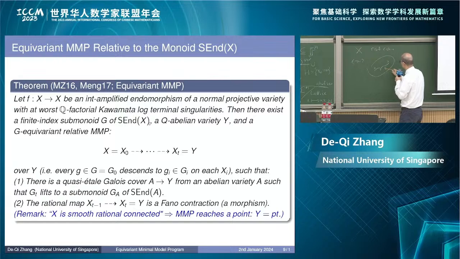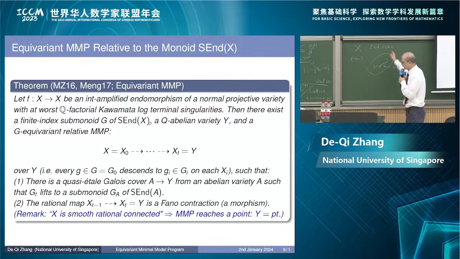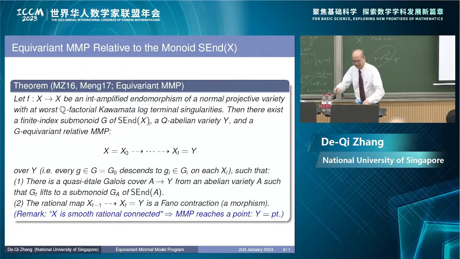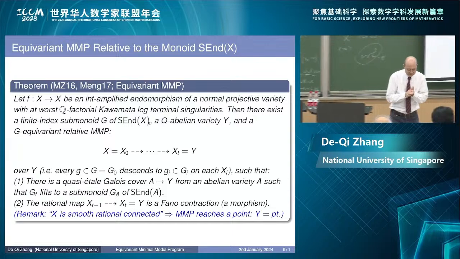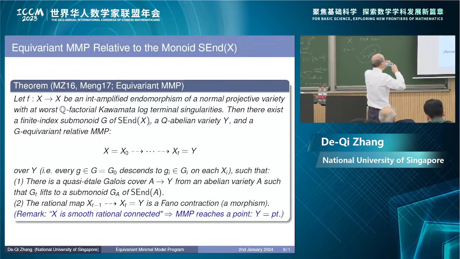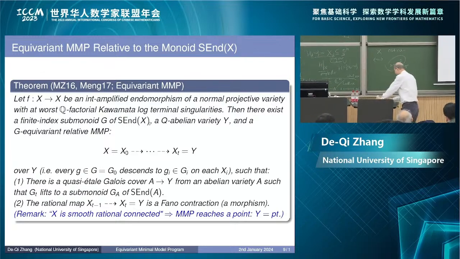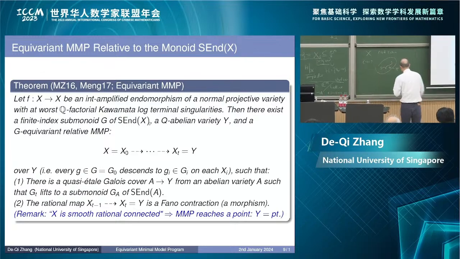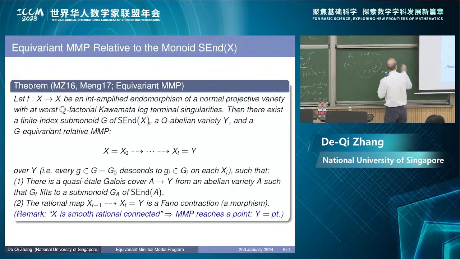So the rational curve might be singular, but it's dominated by P1. So in that sense, it's called rationally connected. Now the examples are very easy.